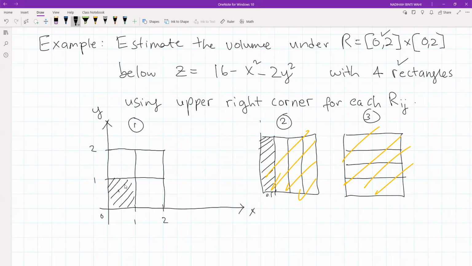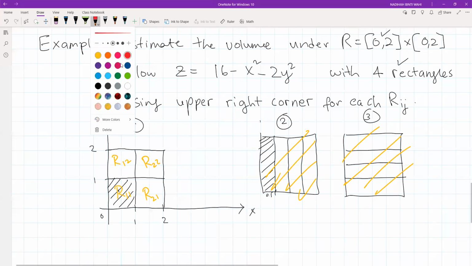So let's say this one, this is for R11, and then this is for R12, R21, R22. Okay. So upper right corner meaning for Rij, dia dekat sini.